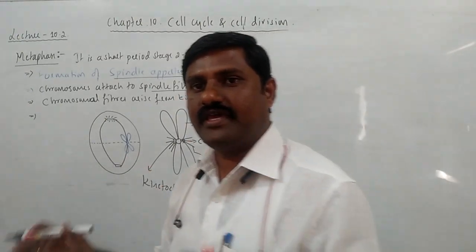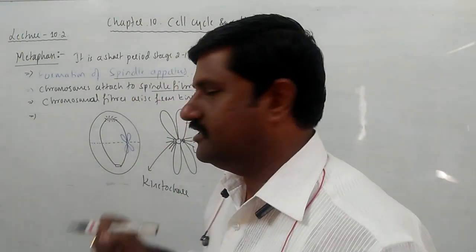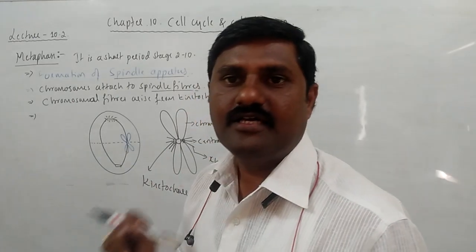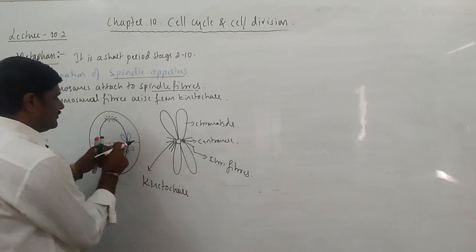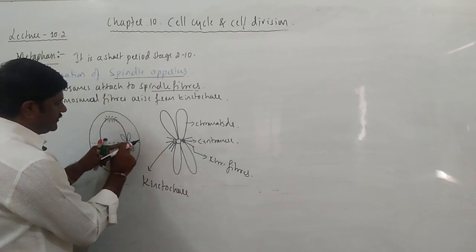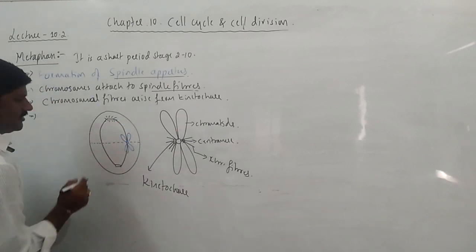Okay, now we came to know how the attachment of these chromosomes to the spindle fiber takes place, and simultaneously these chromosomes are brought towards the equatorial line, right?